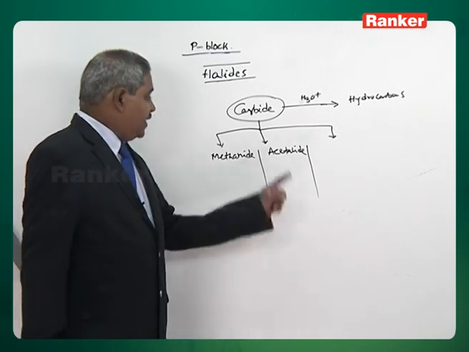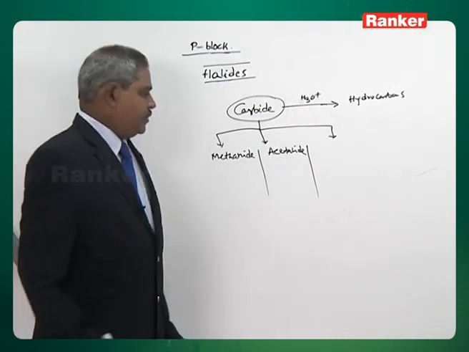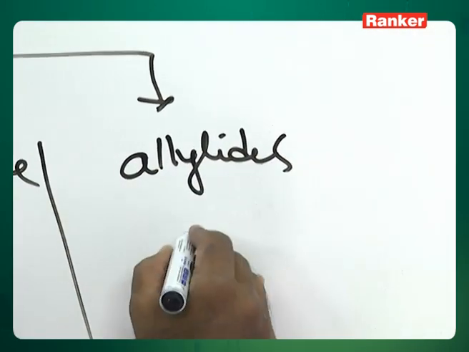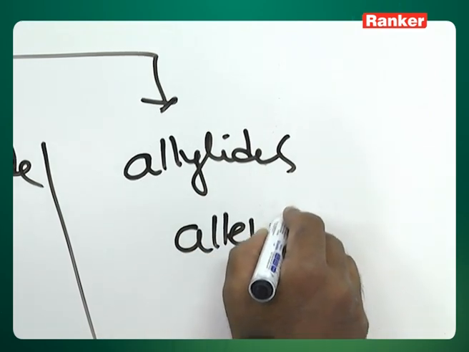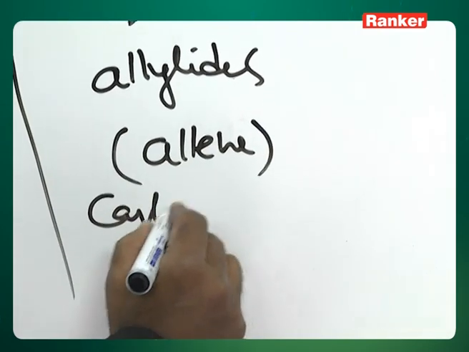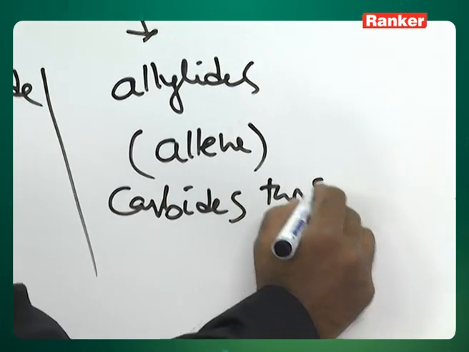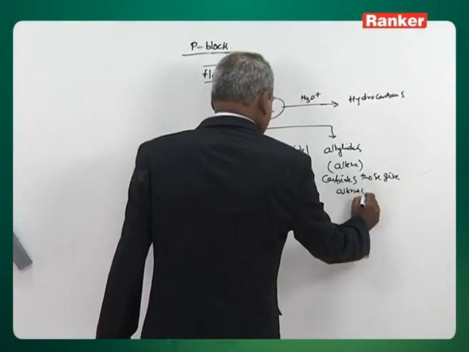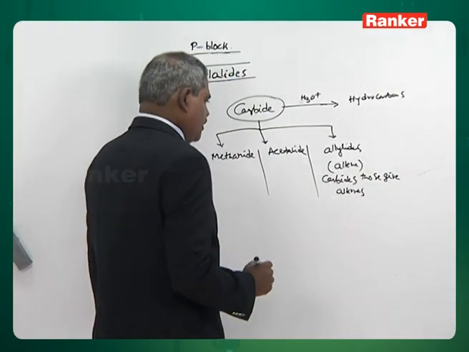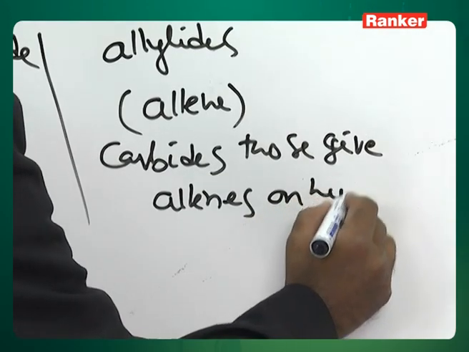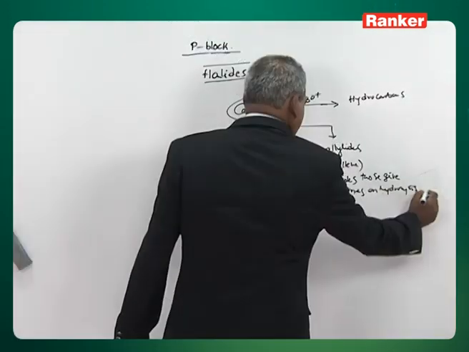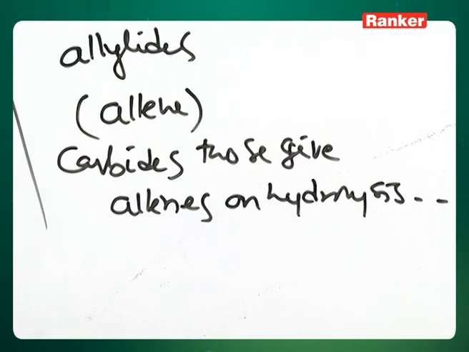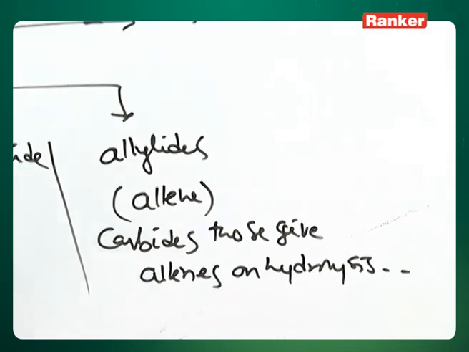Carbides that give acetylene on hydrolysis. Allylides: carbides that give allene on hydrolysis. Once again, carbides that give allenes, those cumulated dienes, on hydrolysis are called allylides. So hydrolysis of carbides, what do you get?